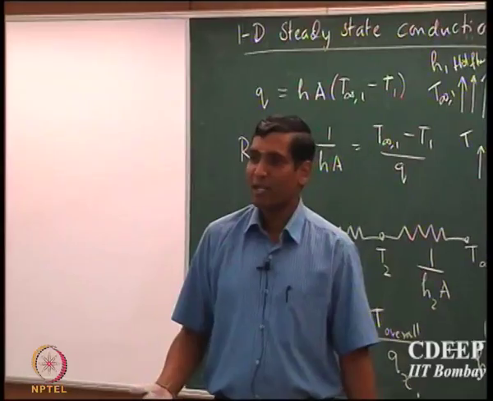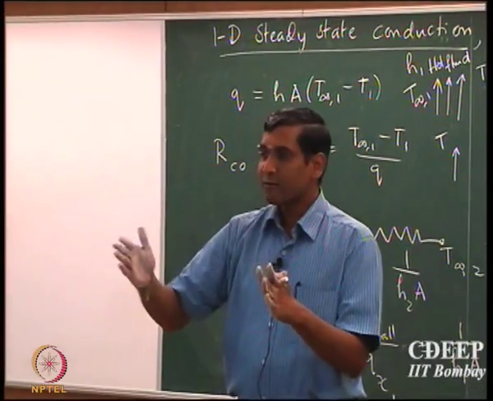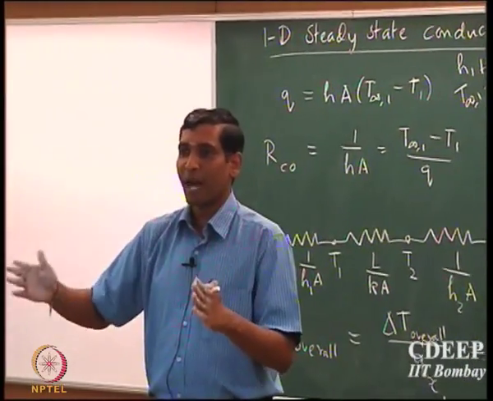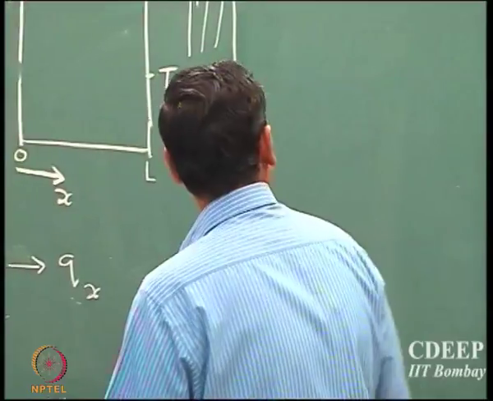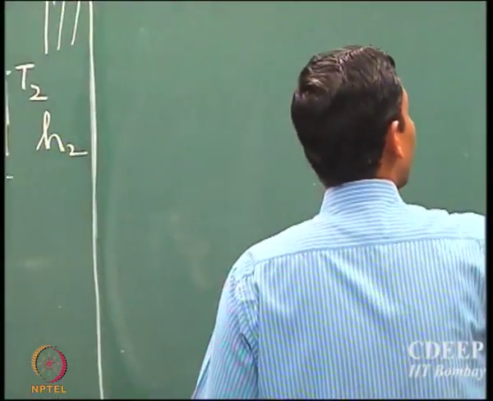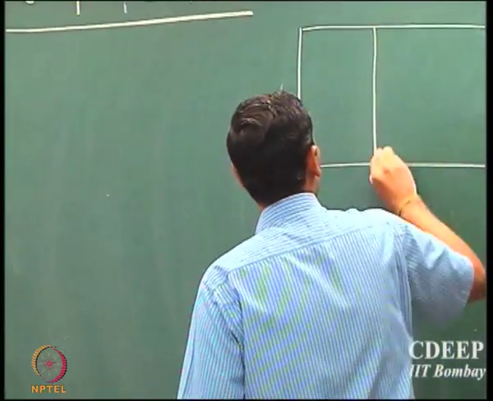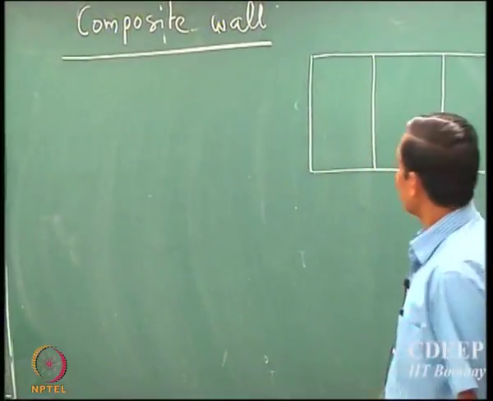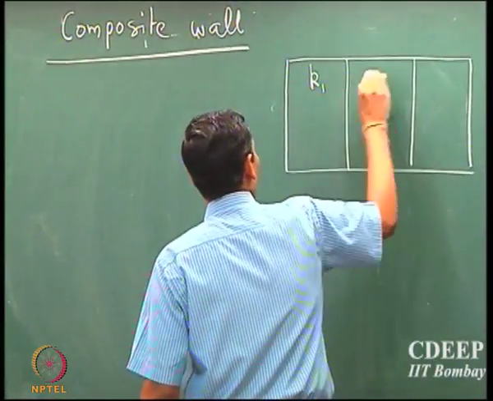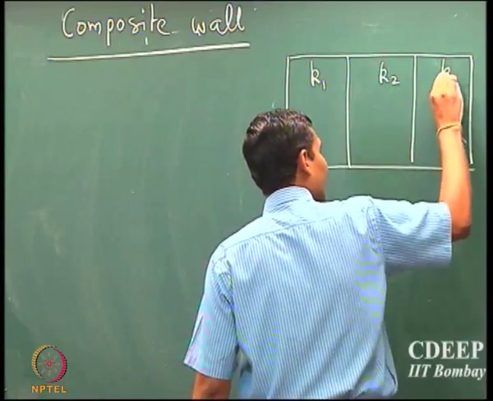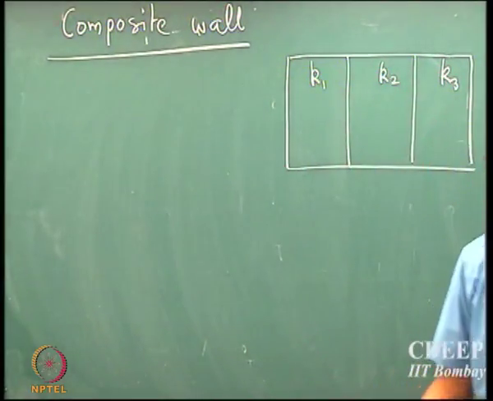If you have an insulator, usually it is stacked with different walls and each of them has different conductivities. It's very common to design systems with multiple walls which have different properties. So you can have K1, K2 and K3. Each of these could have different conductivities.